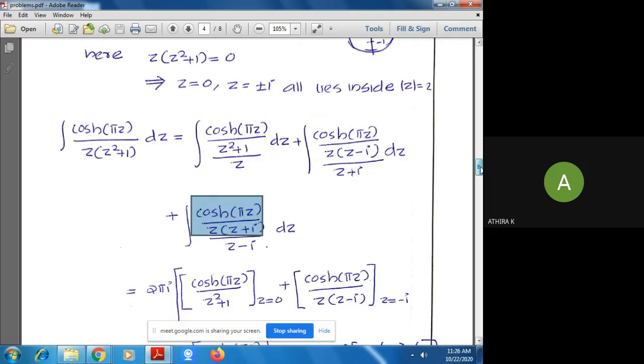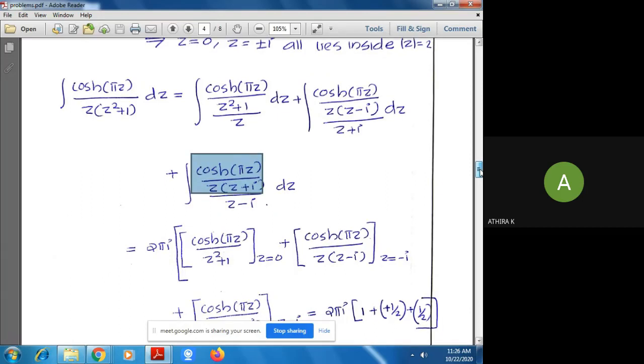Now compare with Cauchy's integral formula and substitute these values, we get the answer. Here f(z) is equal to this selected portion, here f(z) is equal to this selected portion, and f(z) is equal to this selected portion.